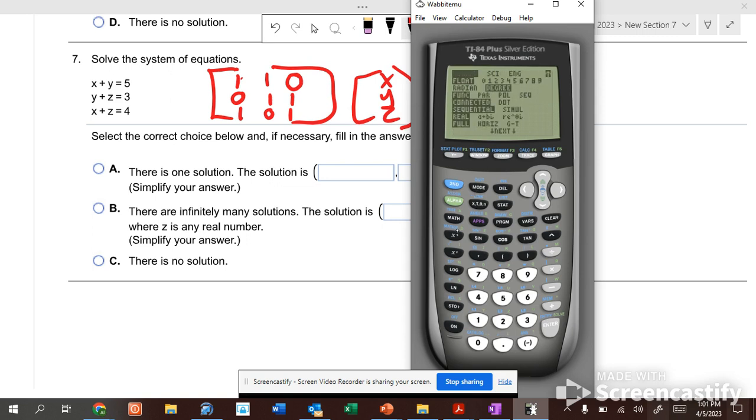That's my A matrix. My B matrix will be 5, 3, 4.